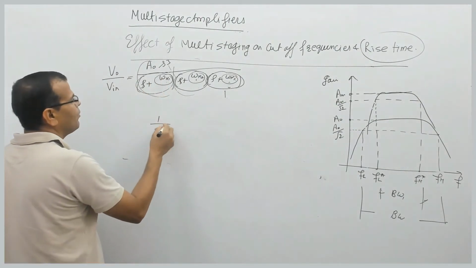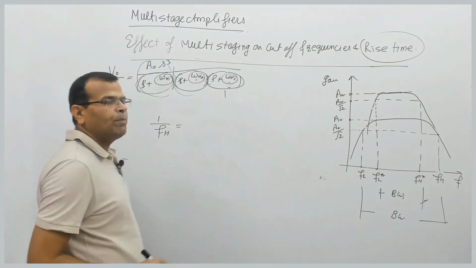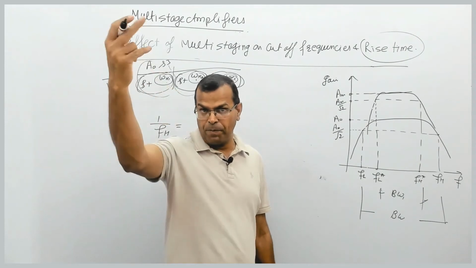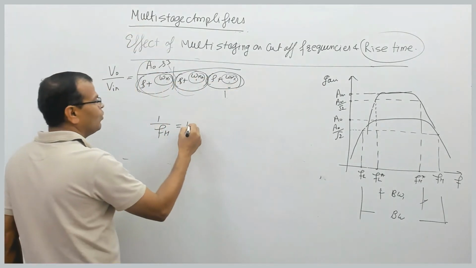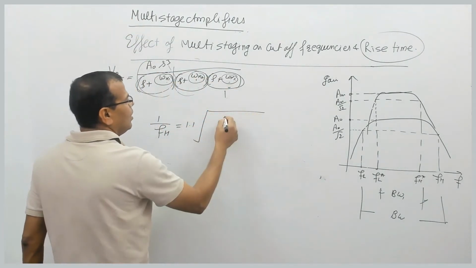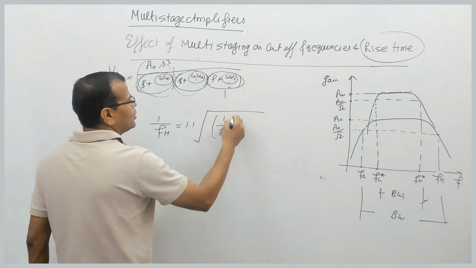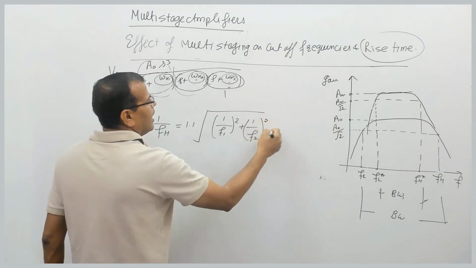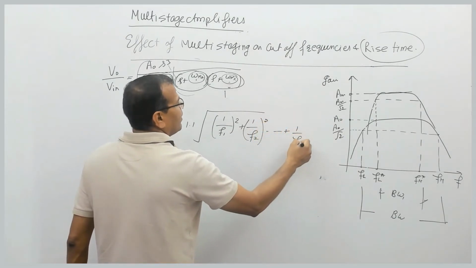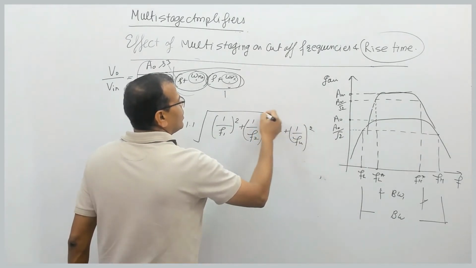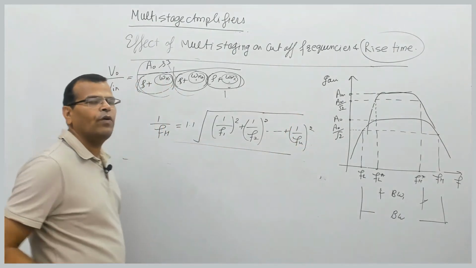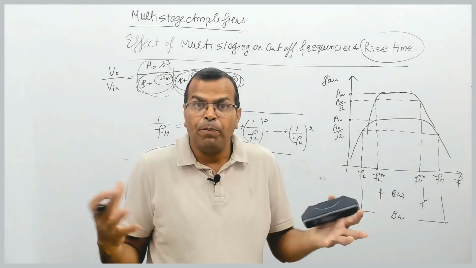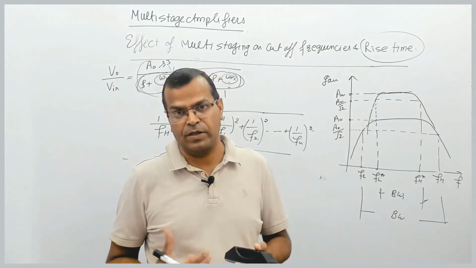The overall upper cutoff frequency is equal to 1.1 times the square root of 1 by f1 square plus 1 by f2 square and so on plus 1 by fn square. This is the expression of the upper cutoff frequency when all the poles are close to each other.